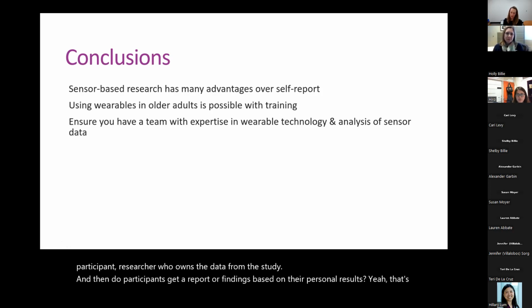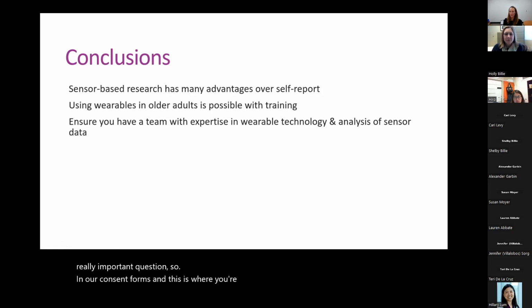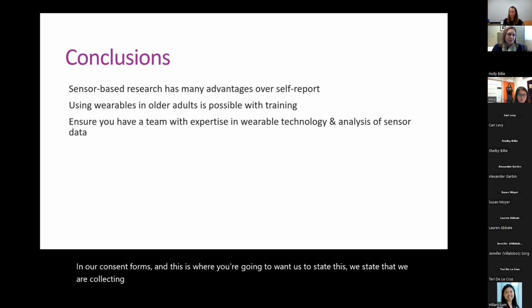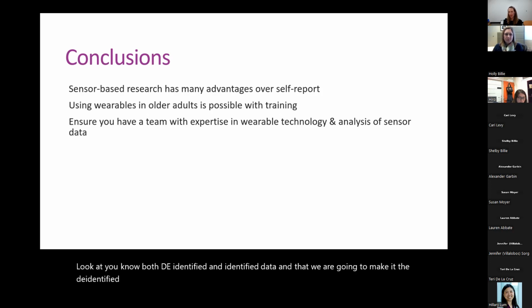Yeah, that's a really important question. In our consent forms, and this is where you're going to want to state this, we state that we are collecting this data for research purposes, and that we are going to look at both de-identified and identified data, and that we are going to make the de-identified data freely accessible after we complete our analyses.